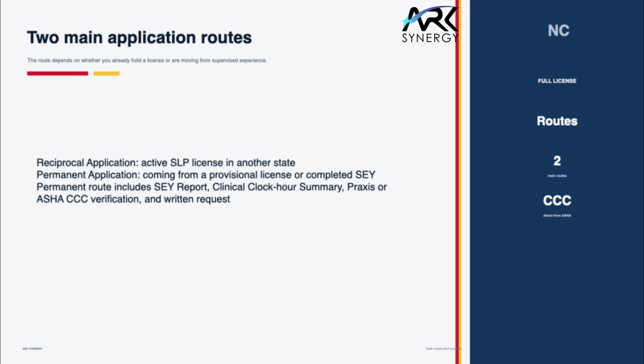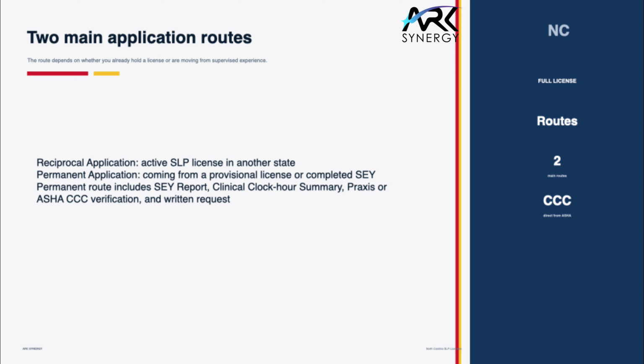North Carolina has two main application paths for licensed SLPs coming from other states. You can do a reciprocal application if you hold an active SLP license in another state. You will complete the reciprocal application and open book quiz, then arrange for an official letter of license verification to be sent directly from your current state to the North Carolina board.